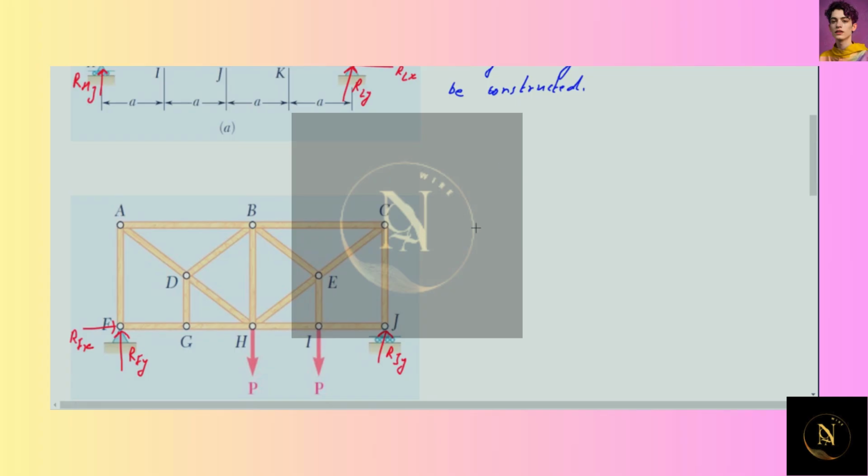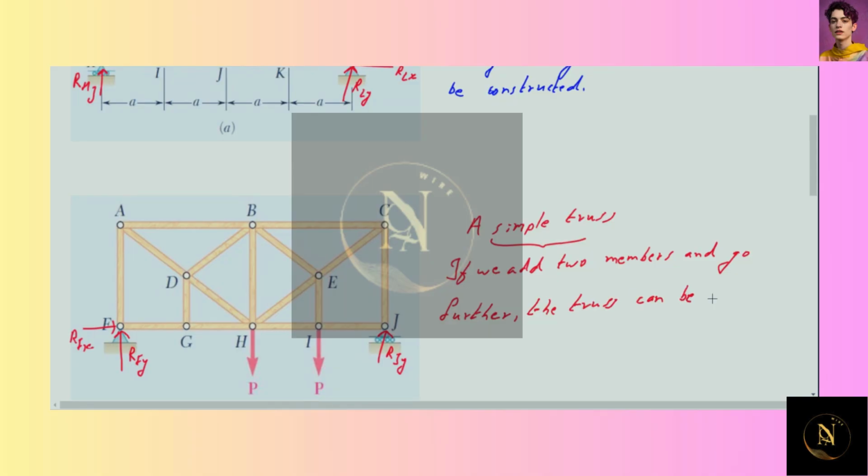Now let's see this one. The shown truss is actually a simple truss, because if we add two members and go further, the truss can be constructed.